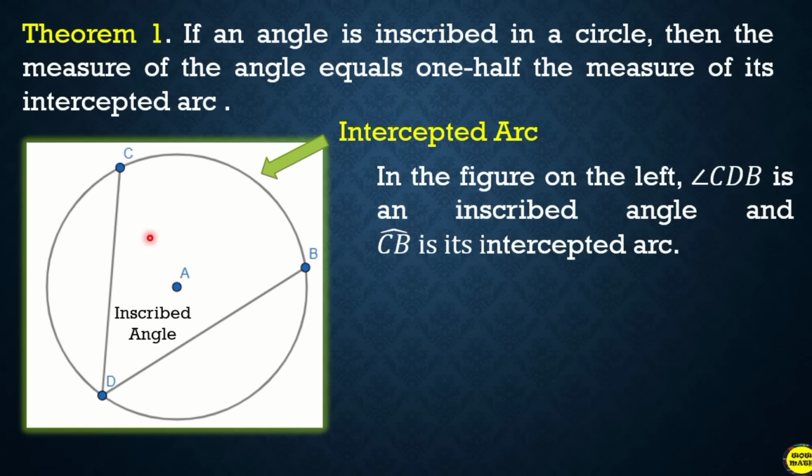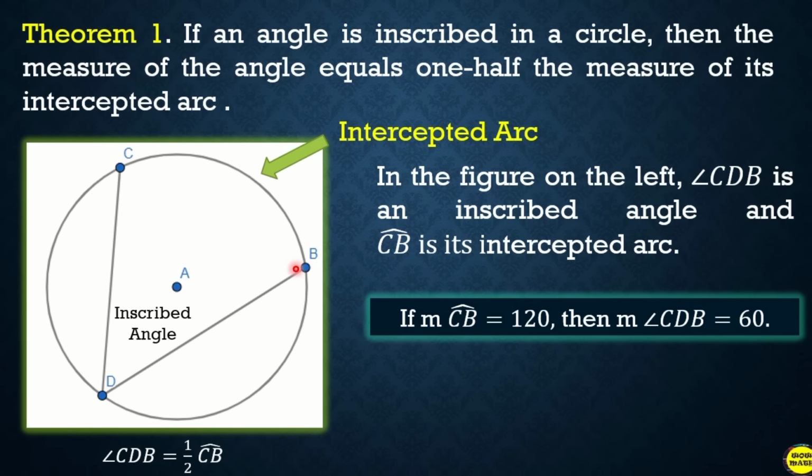What theorem number 1 says is that angle CDB is equal to 1/2 of the measure of arc CB. For example, the given arc CB is 120.